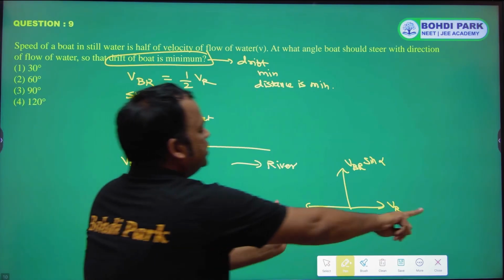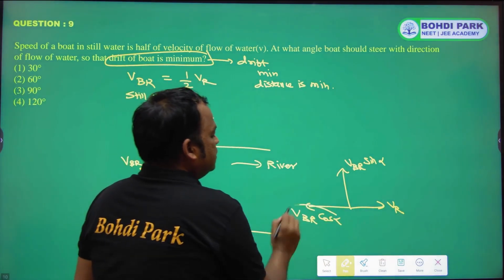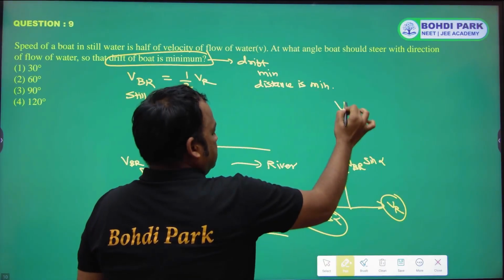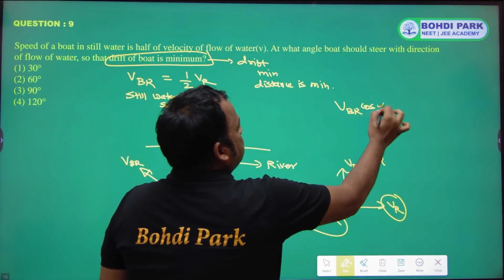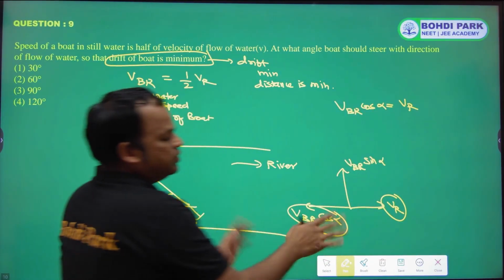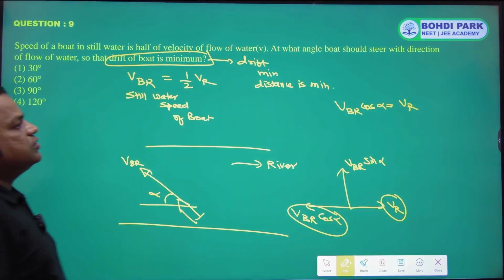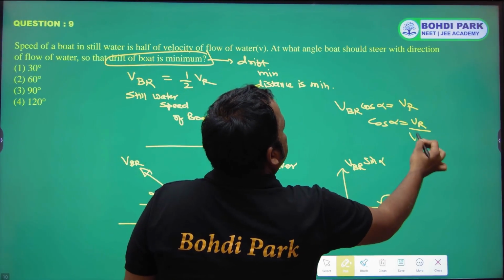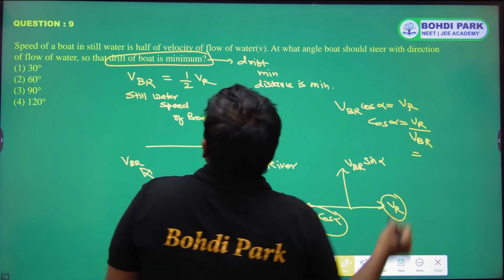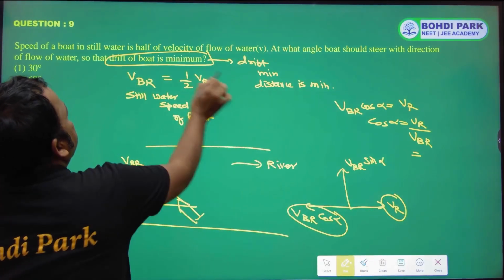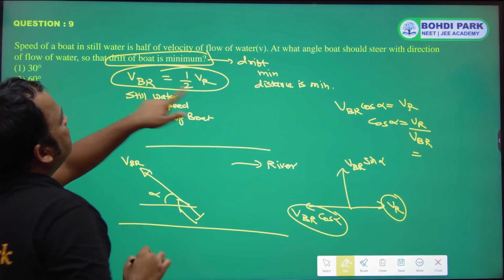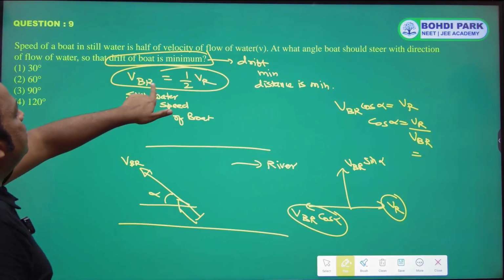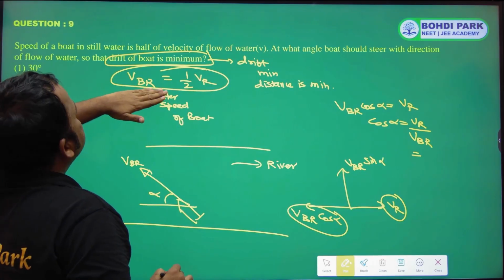So these components are equal. So these two cancel each other. So VBR cos alpha is equal to VR. Okay, so note down. So cos alpha is equal to VR by VBR. So VR by VBR, we have one information given in the question.